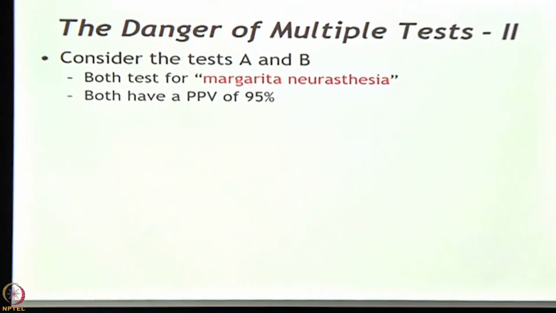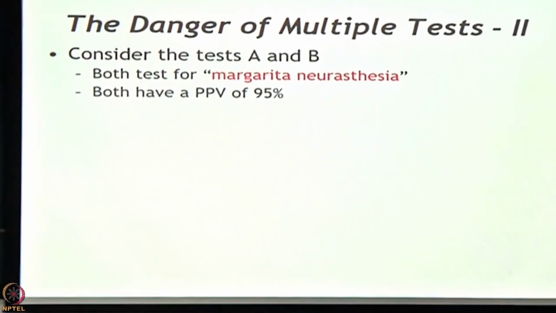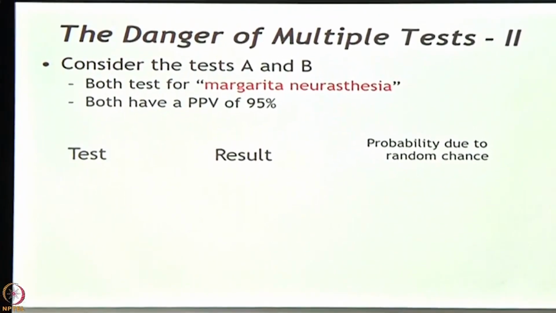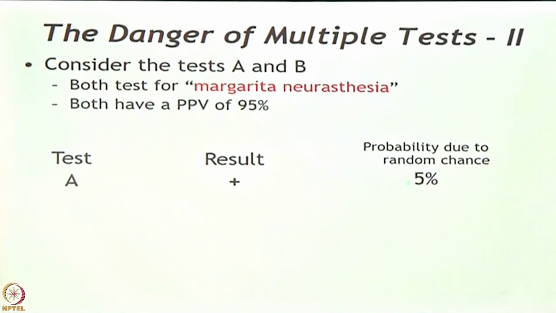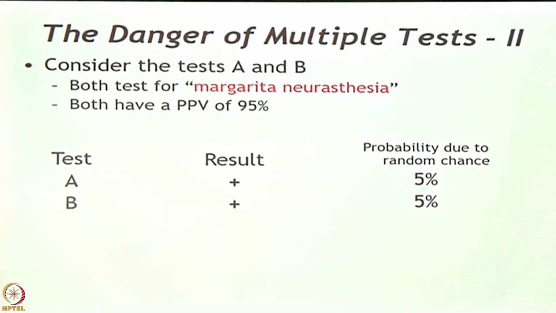So imagine we have two tests for the same illness, and they're testing for a positive, and they both have a positive predictive value of 95%. So test A is positive, and the chance of a false positive is 5%. Test B may be positive, so its chance alone is 5%.